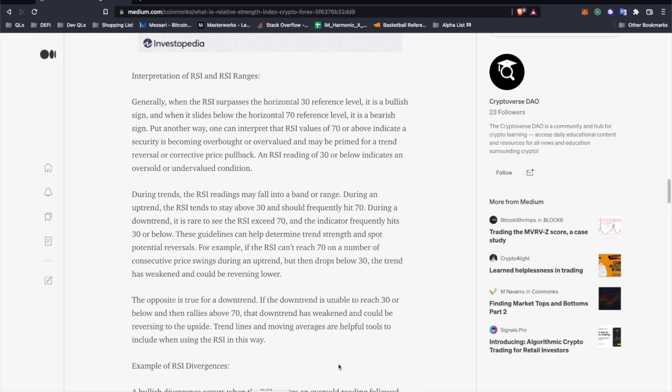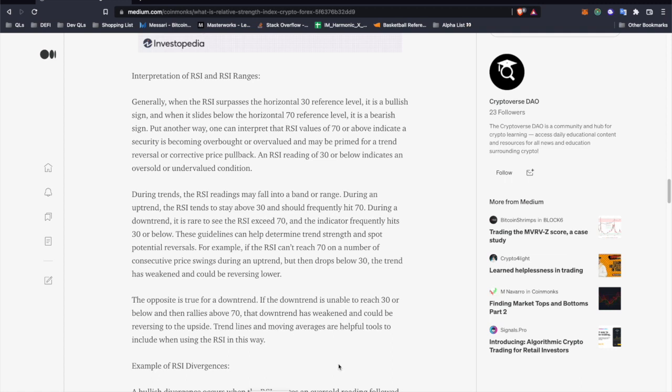During an uptrend, the RSI tends to stay above 30 and should frequently hit 70. During a downtrend, it's very rare to see the RSI exceed 70 and the indicator frequently hits 30 or below. These guidelines can help determine trend strength and spot potential reversals. So if an RSI can't reach 70 on a number of consecutive price swings during an uptrend, but then drops below 30, the trend has weakened and could be reversing lower.